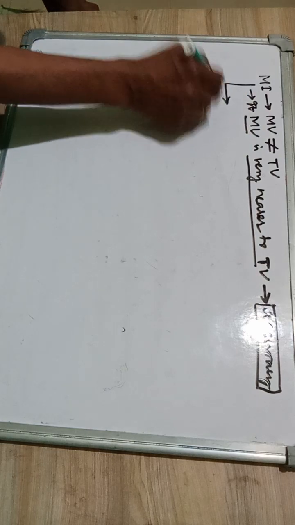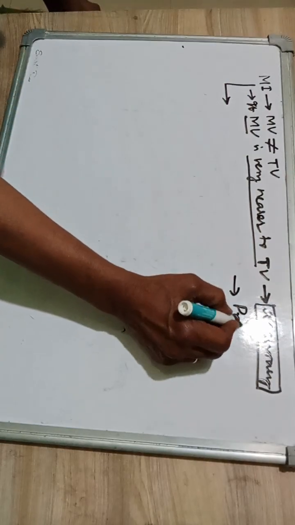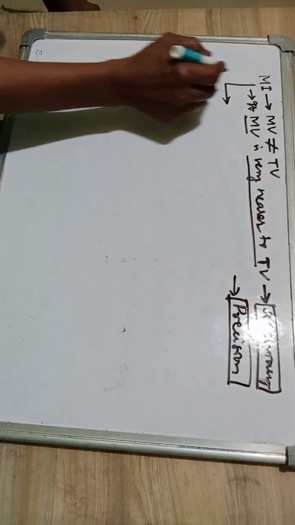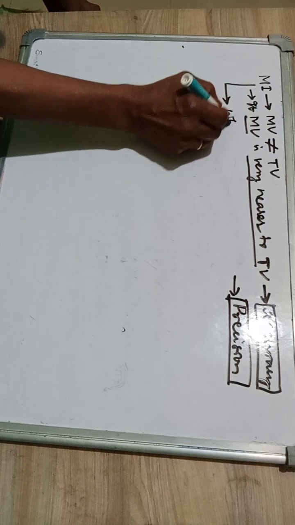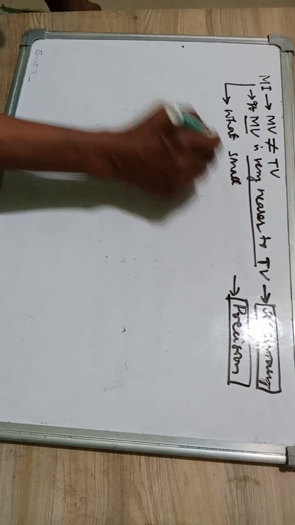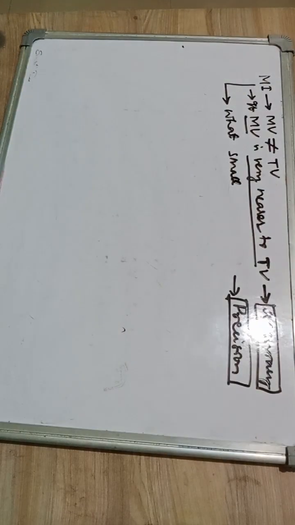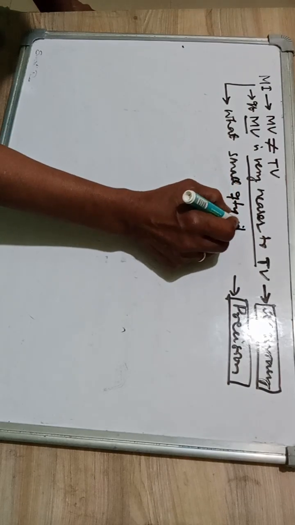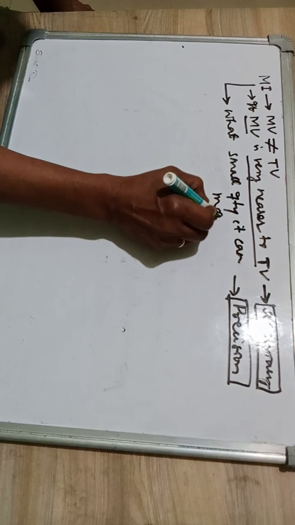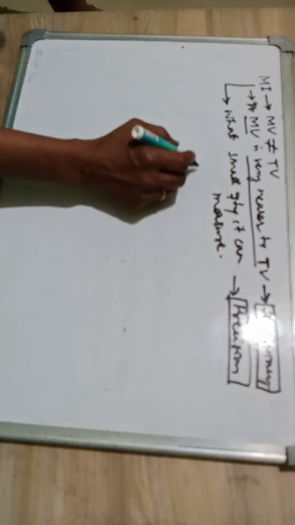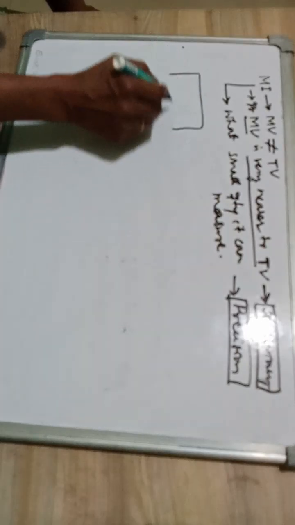Another term we'll be using for a measuring instrument is precision. Precision of any measuring instrument is what small division, what small quantity the instrument can measure. Beyond that, it cannot measure. Like we have two filters.